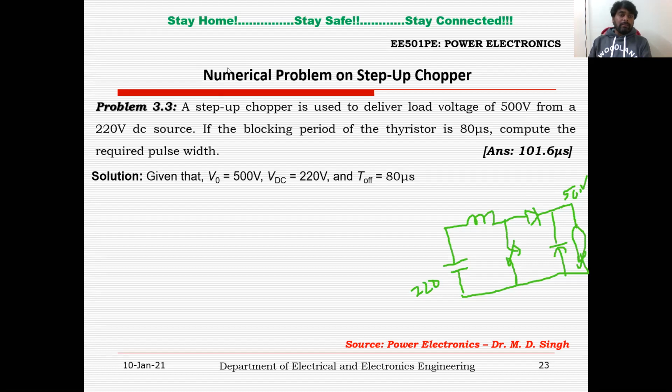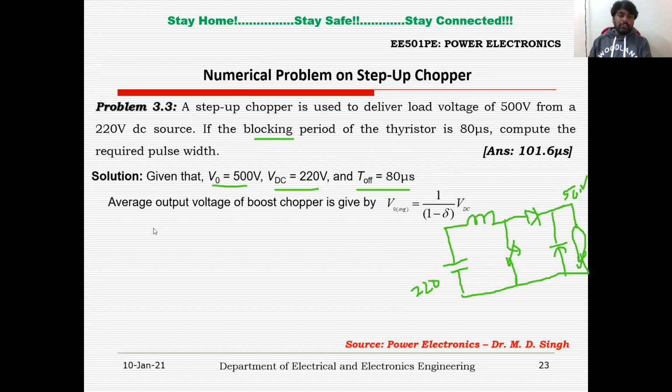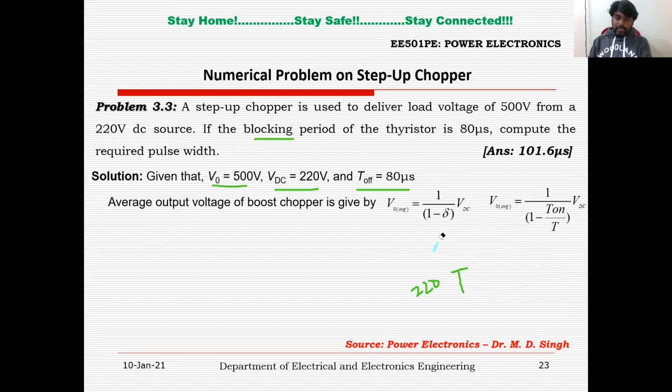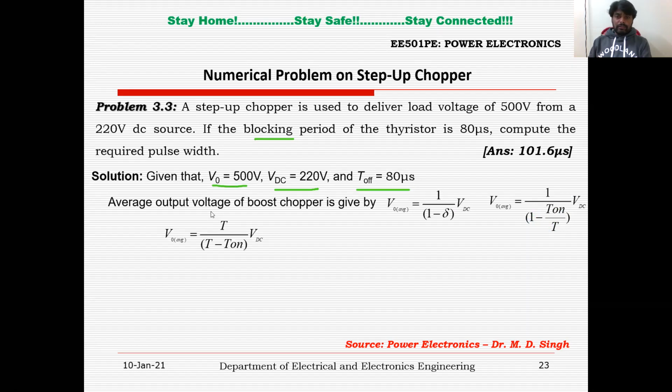Now these are the given parameters. He has given V naught is 500 volts, VDC is 220. T off, the blocking time period, means off time period of the chopper thyristor, is 80 microsecond. So we know the average output voltage, which is 1 by 1 minus delta into VDC, right? And you can write, delta is the ratio of on time period to the total chopping period.